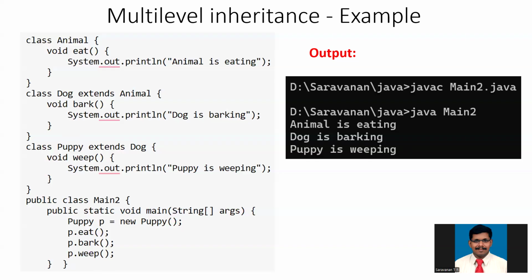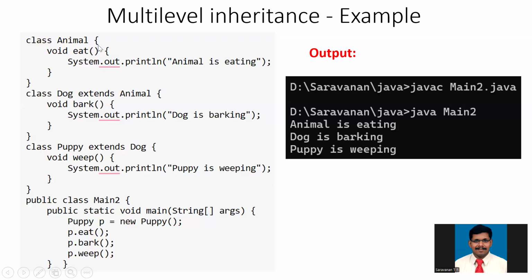Here also Puppy is the derived class, the lowermost derived class. Here there are two derived classes: Dog is a derived class of Animal, and Puppy is a derived class of Dog. So the concept is that the object should be created for the lowermost derived class, and it can access all.